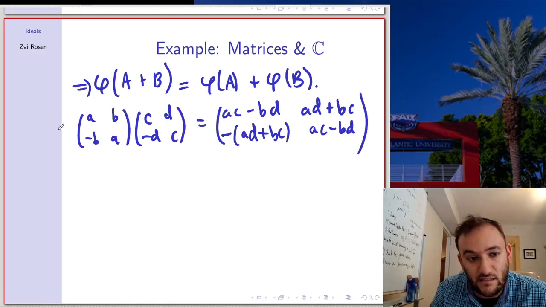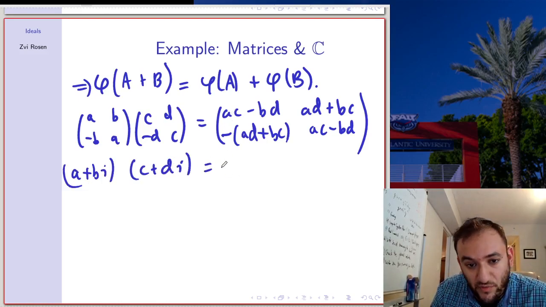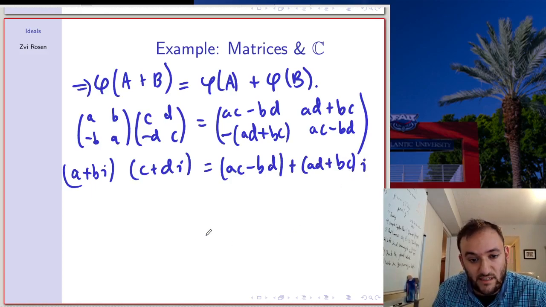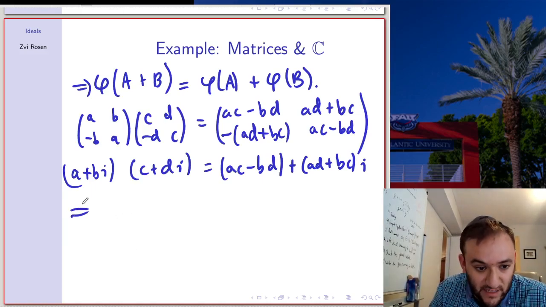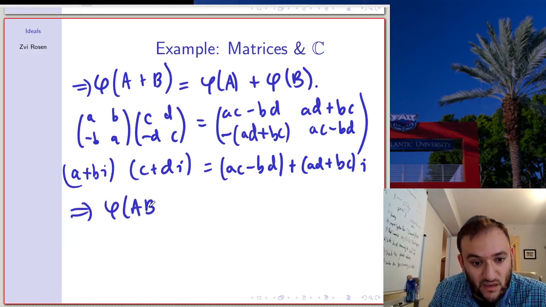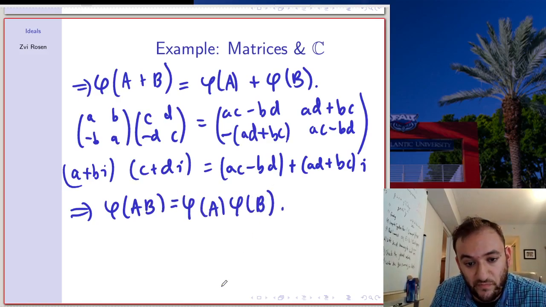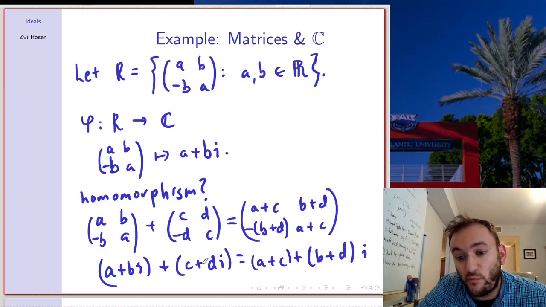And indeed, this is of the form, so if we were to take a plus bi times c plus di, we hope that we would get ac minus bd plus (ad plus bc)i, because that's the matrix here. And indeed, if you do out the arithmetic, you do get that. So this implies that phi of AB equals phi of A times phi of B. So that confirms that this map phi is a homomorphism.